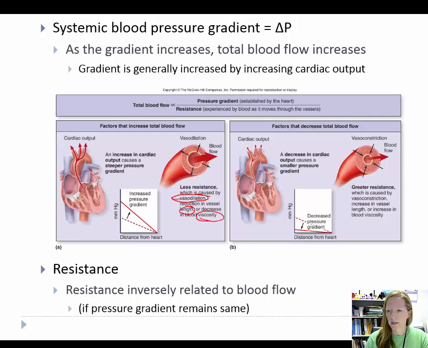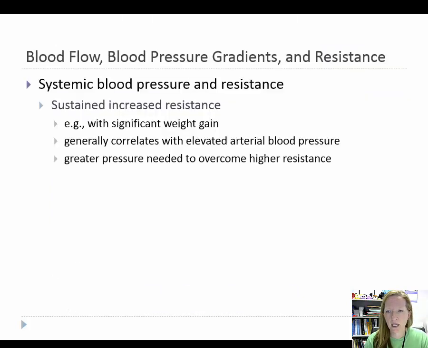So that is what you are looking at. If you have any kind of sustained increase in resistance, and what I mean by that is, let's say that you smoke and you have sustained vasoconstriction happening in your blood vessels, more than just normal vasomotor tone, but more substantial vasoconstriction occurring.